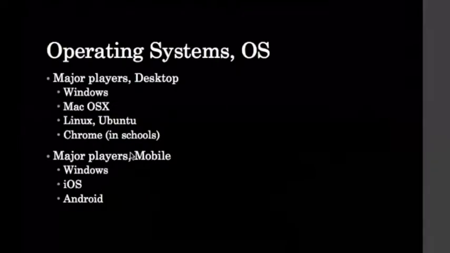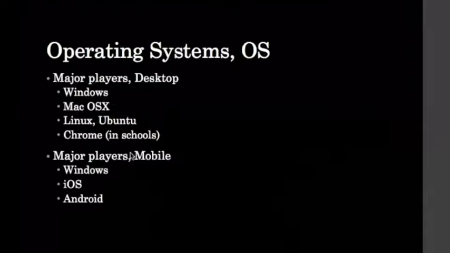So, talking about operating systems, our major players in desktop operating systems. We looked at these numbers at the end of last class. For those of you who just joined, at the end of the video or the slides for last week, you will see the market numbers of use of different operating systems and the new sales.